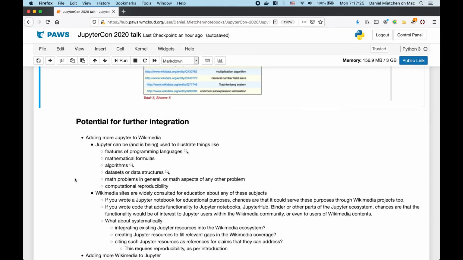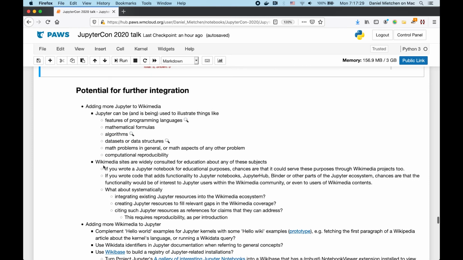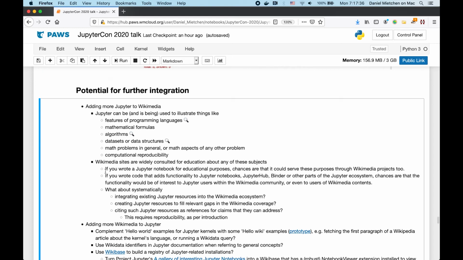So in terms of potential for further integration, we can do essentially more of those examples that I've shown. We can think about what to do with the Jupyter resources that already exist. So if you wrote a Jupyter notebook for educational purposes, well, then those educational purposes might well be served through Wikimedia projects as well. So consider how you could integrate there.